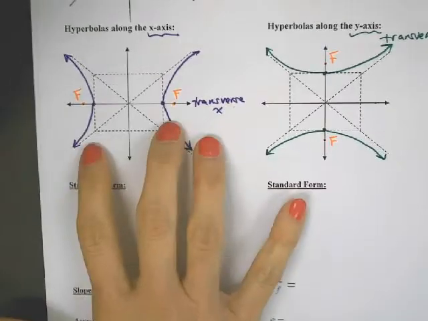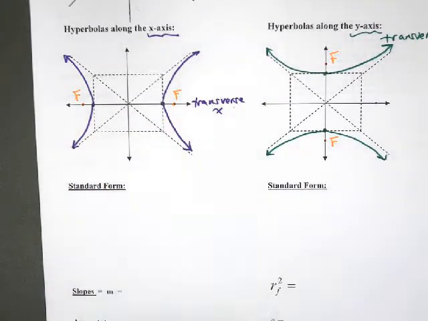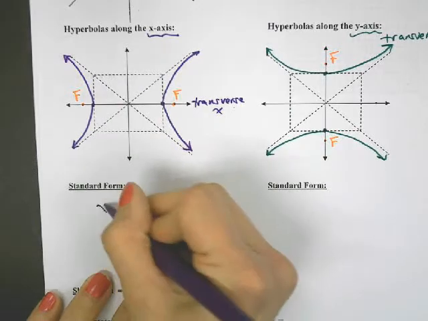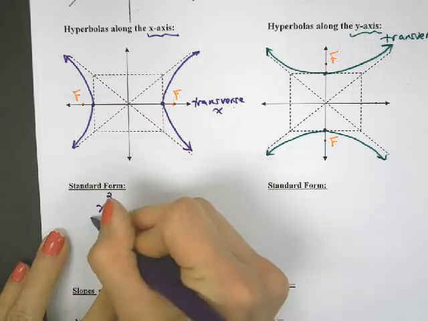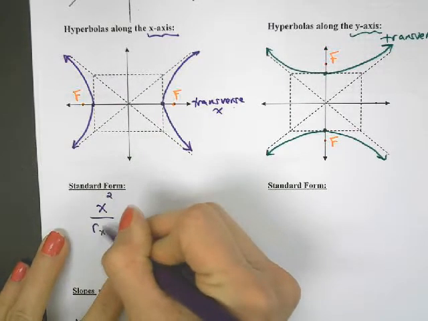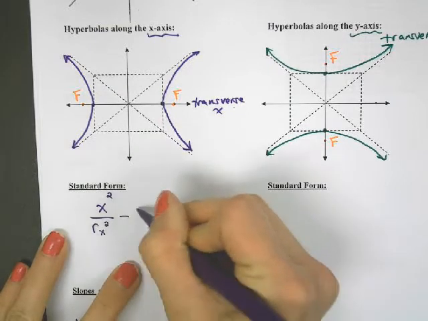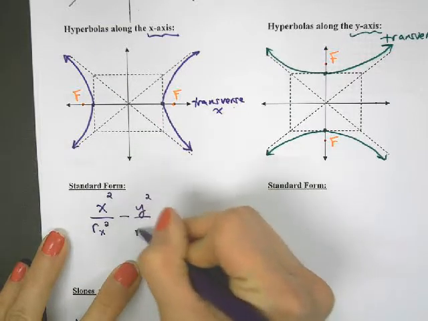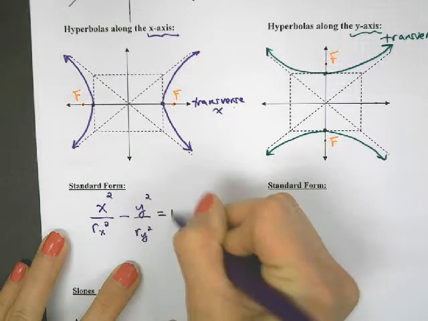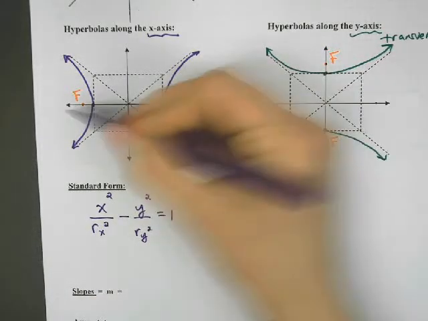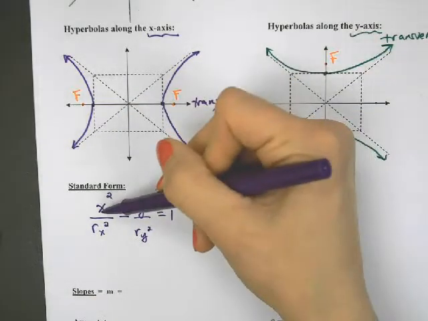In standard form, let's take a look at this one over here. If it's going left and right on the x-axis, then x goes first: x squared over r sub x squared minus y squared over r sub y squared equals 1. If you have an x transverse, then you put x first.